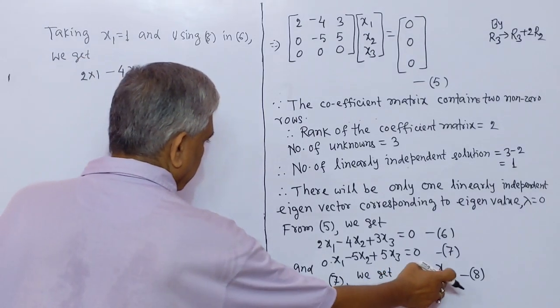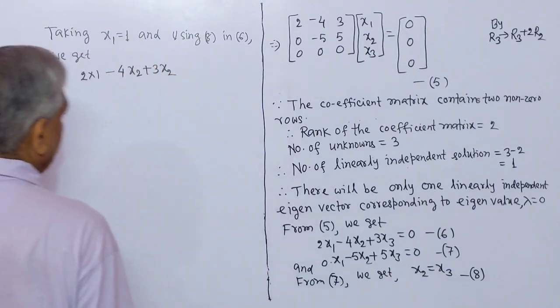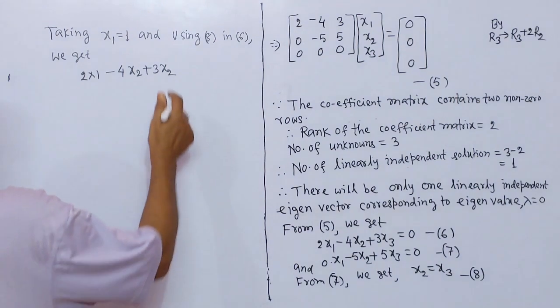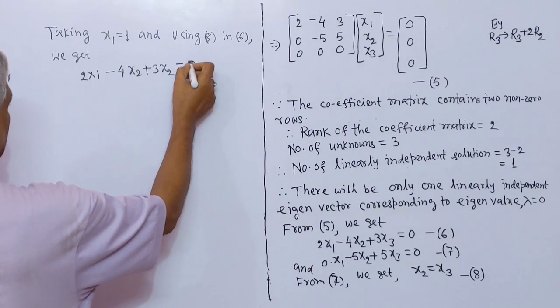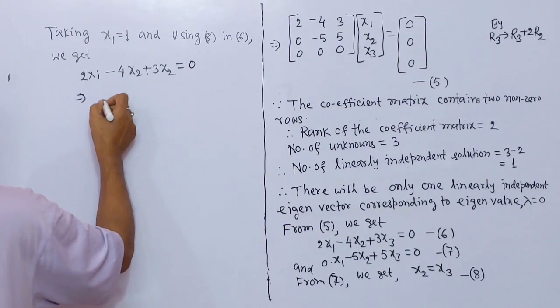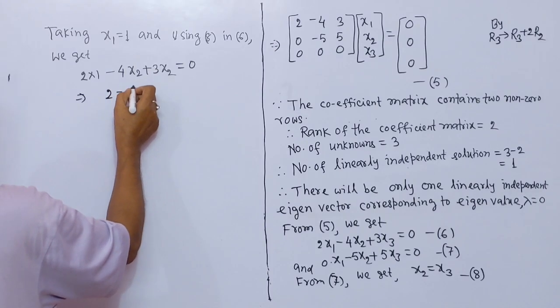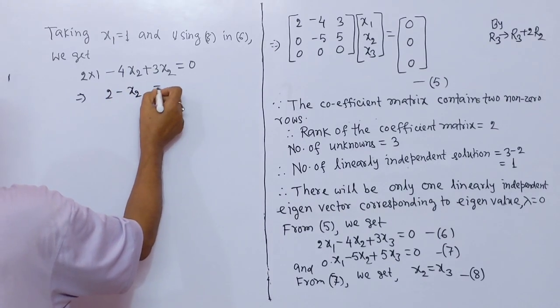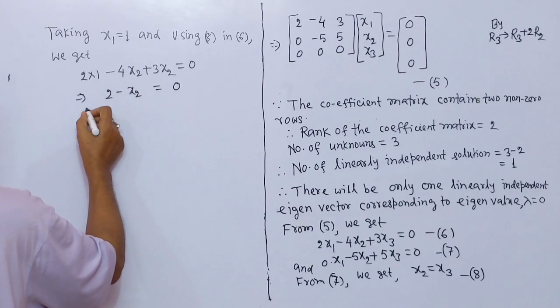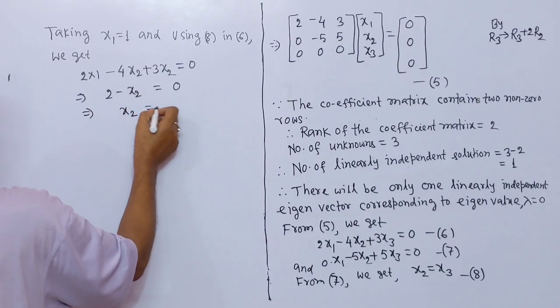Since x3 equal to x2 in 8, this equal to 0 implies 2 minus x2 equal to 0, which implies x2 equal to 2.